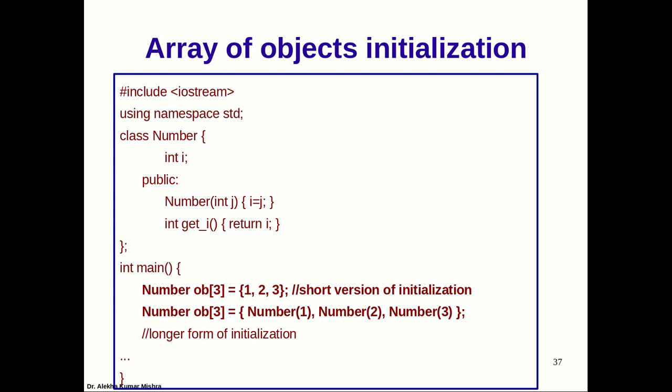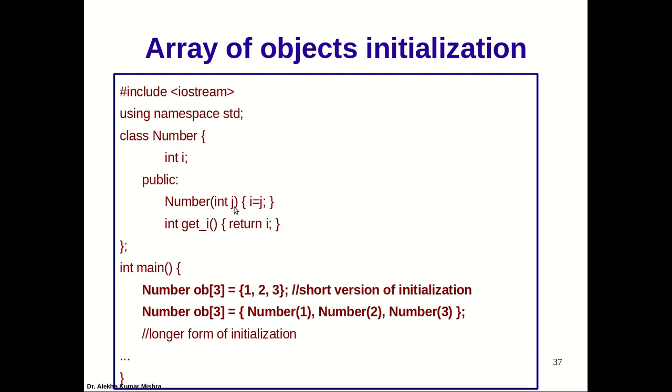Okay, so in this example you see that the class is Number. The only member is int i. Then we have only a parameterized constructor right here. How many parameters does this parameterized constructor take? It takes only one, that is int j.